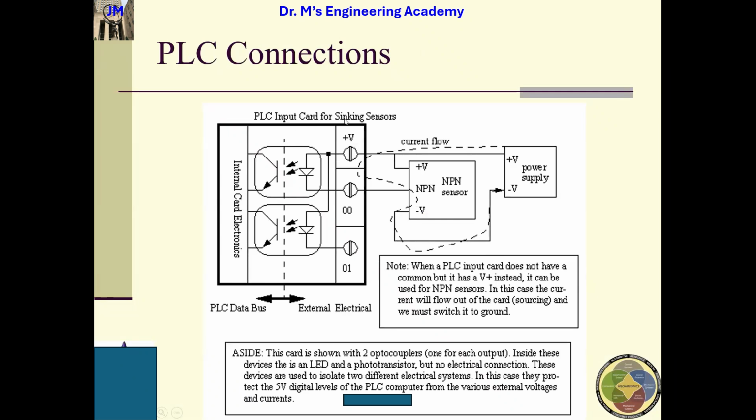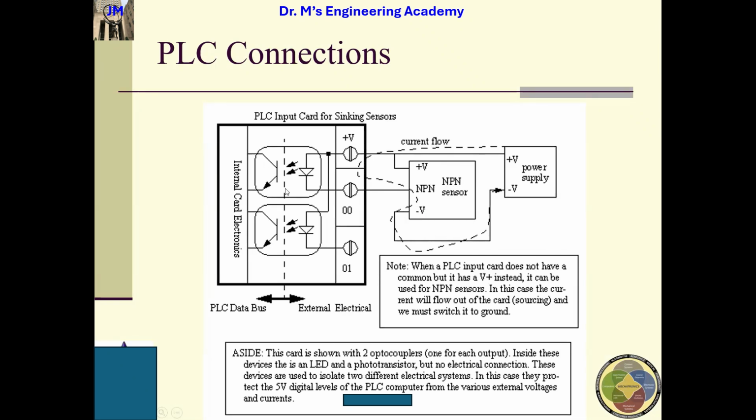Okay, PLC input card for sinking sensor. This is for the sinking sensor. So we have an NPN sensor. We have voltage, connected to this. So this is a positive V. And if this NPN is turned on, the current can go through this way.